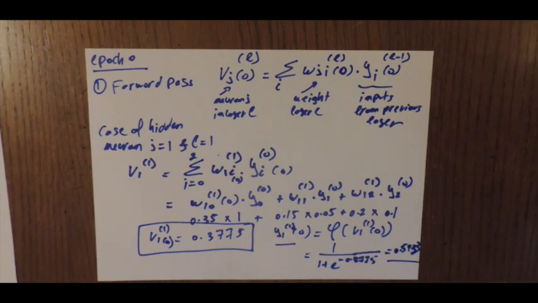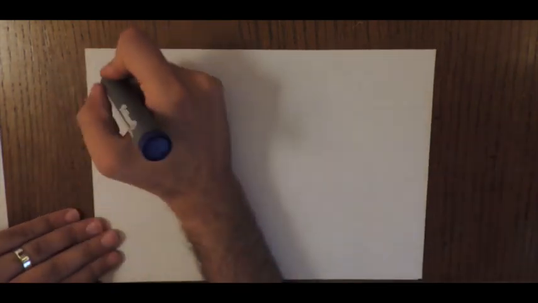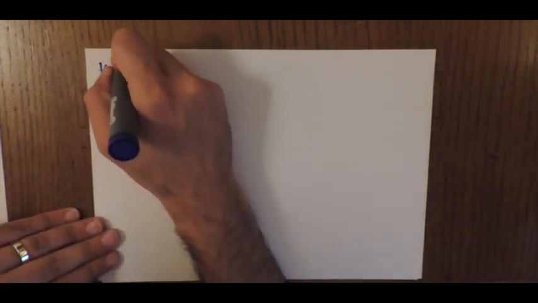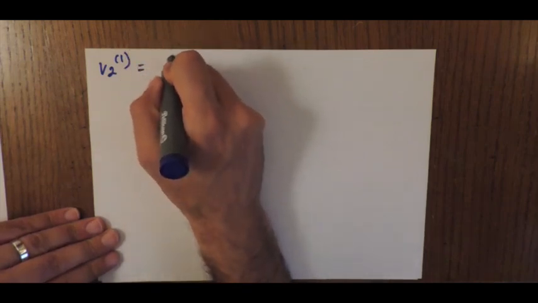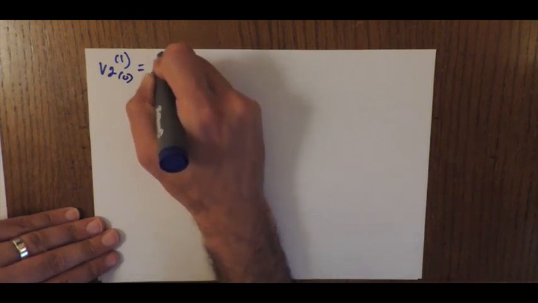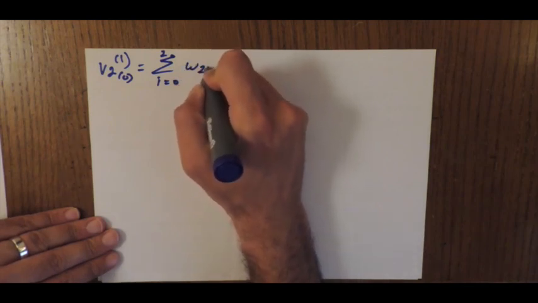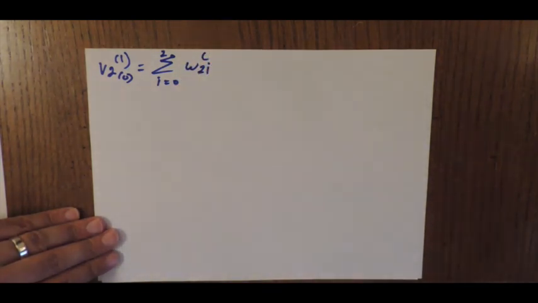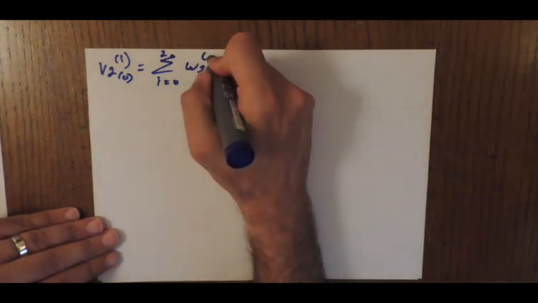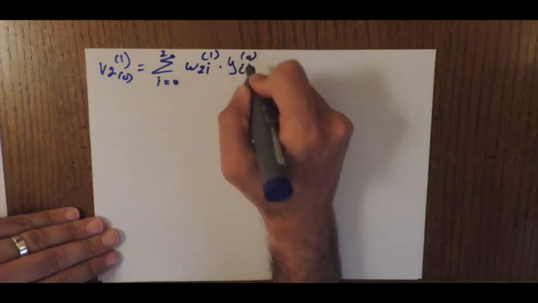Okay. Now let's do it for the second neuron, where we have V2 of 1. So now we need to compute V2 of 1, which is going to be equal to the summation, of course of iteration 0, summation i equal 0 to 2 of W2i of 1 times Wi of 0.